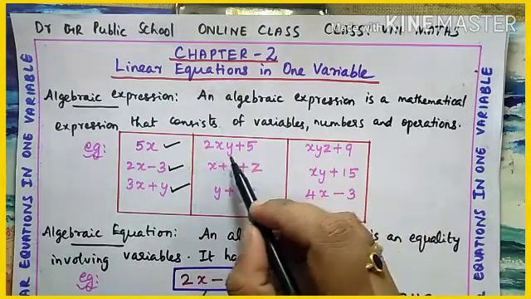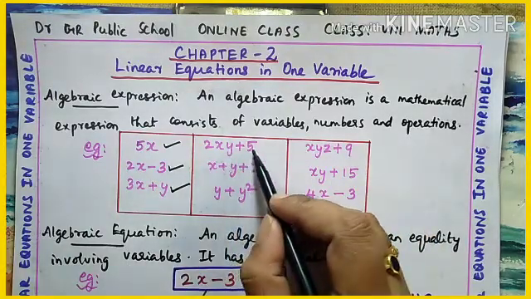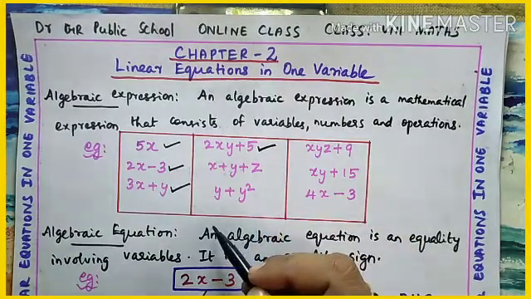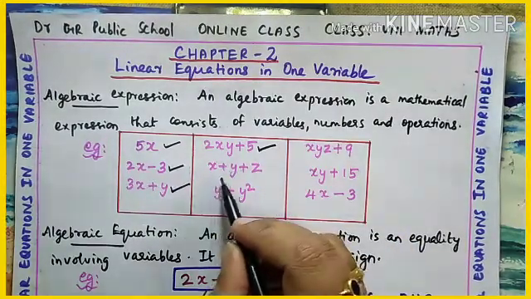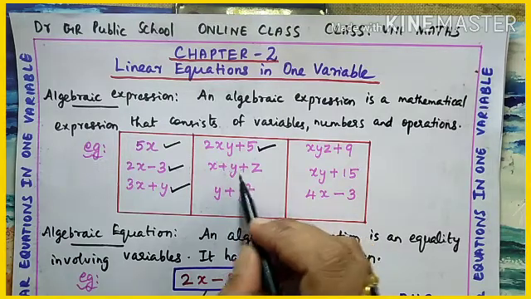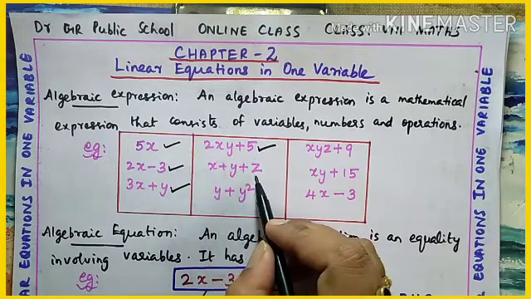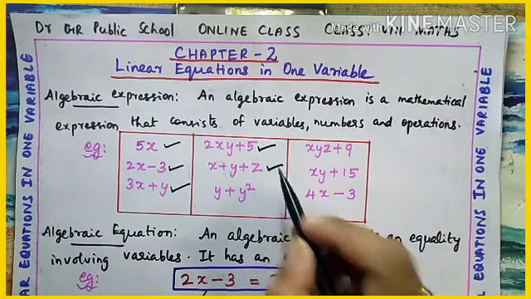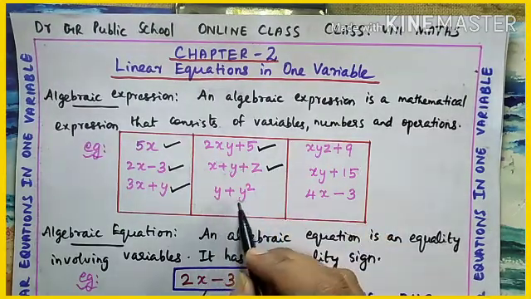Now see this example. 2xy plus 5. Here also we can see two variables. This is also an algebraic expression. Next, x plus y plus z. So here there are three variables and this is also considered as an algebraic expression. Then y plus y square.